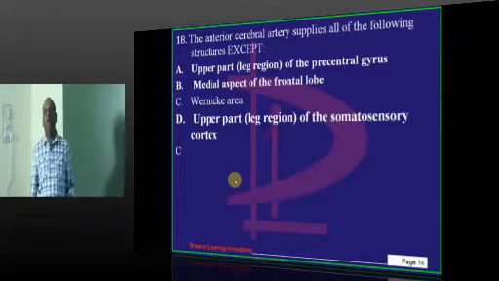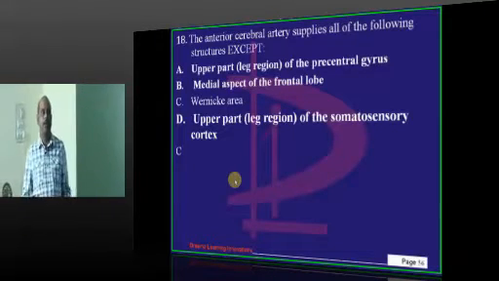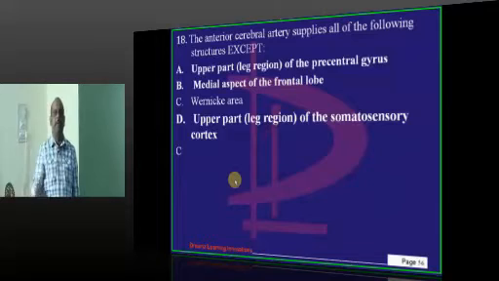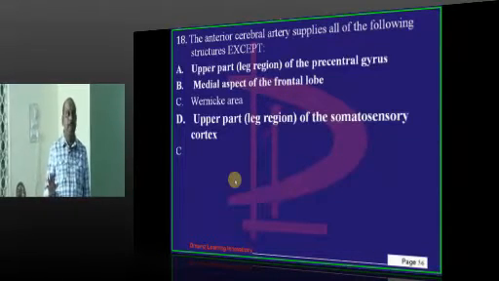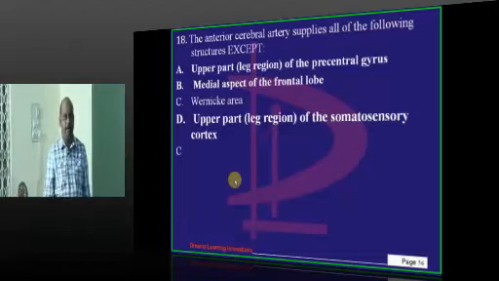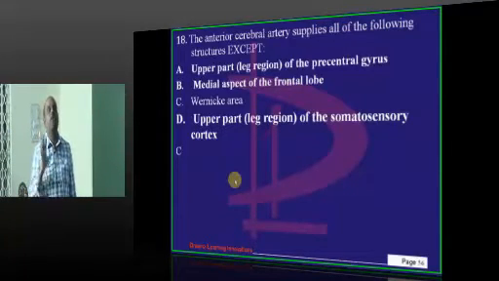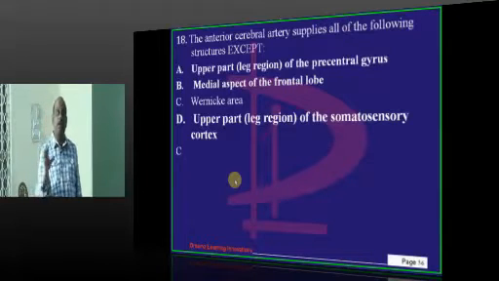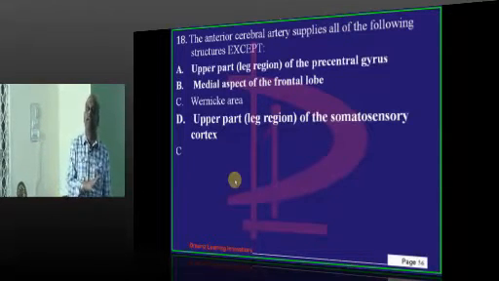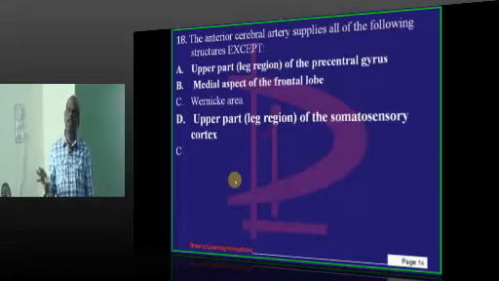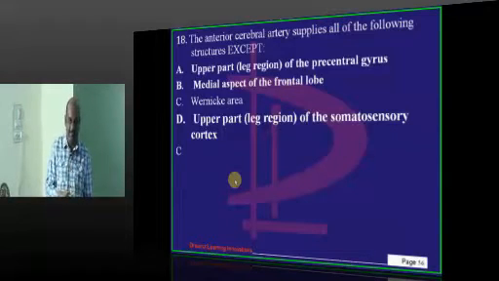Anterior cerebral artery, remember doctor, all our muscle power is basically by MCA, that is middle cerebral artery. All our balance, everything is due to posterior cerebral artery. But still posterior cerebral artery supplies cerebral peduncles. Sometimes posterior cerebral artery can lead to hemiparesis.